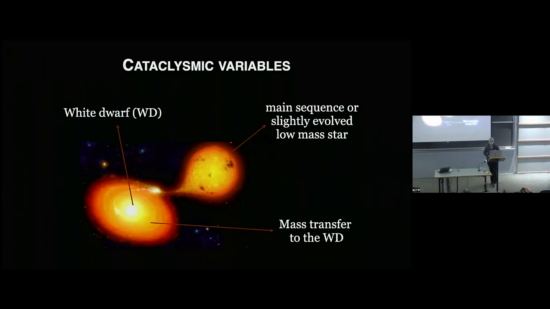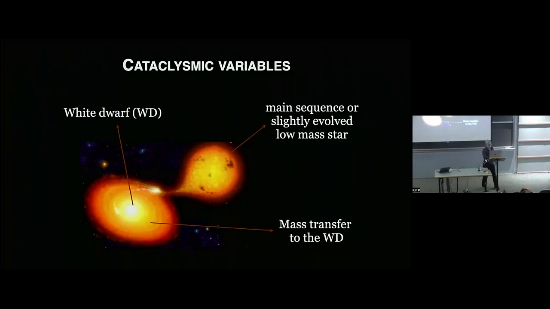So first of all, as it was already said today, cataclysmic variables are compact binary systems in which a white dwarf accretes mass from a low mass companion, and the standard geometry of accretion is an accretion disk.